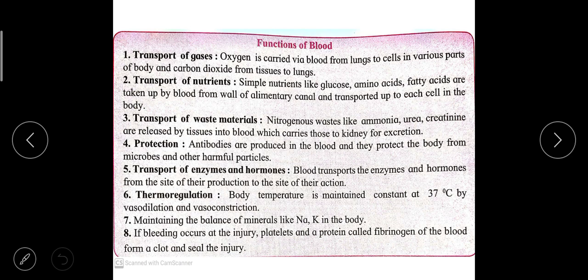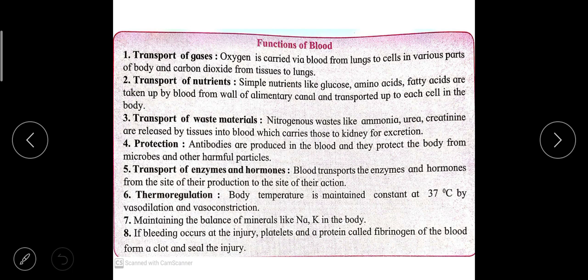Next is transport of waste material. Nitrogenous wastes like ammonia, urea and creatinine are released by the tissues into the blood, which carries them to the kidney for excretion. Next is protection. Antibodies are produced in the blood and they protect the body from microbes and other harmful particles. For example, white blood cells are also responsible for protection from diseases.